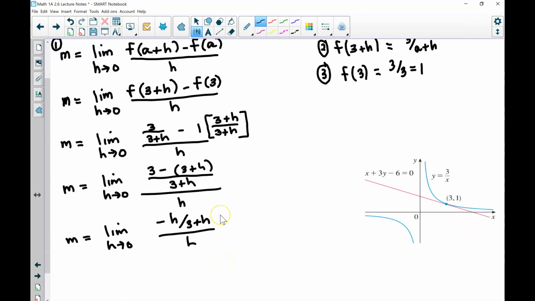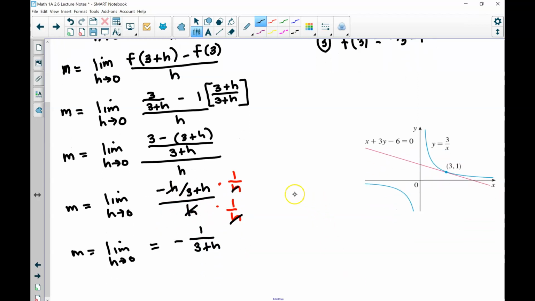Now what we can do is multiply the numerator and denominator by 1 over h. By doing so, we end up with the following. We have the limit as h approaches 0. We can simplify the h's, and so what's left is negative 1 over 3 plus h.